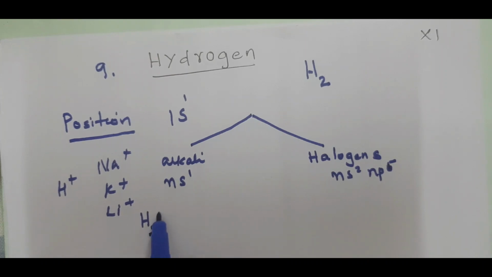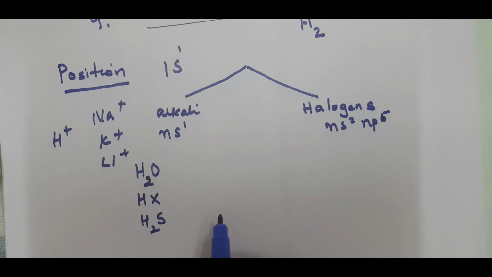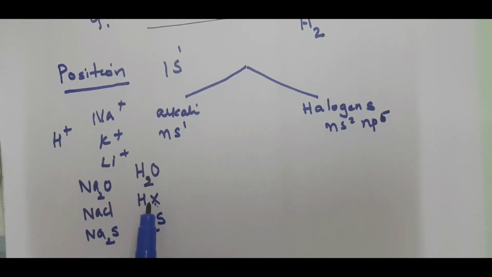That means oxide is H2O, halide is HX, and sulfide is H2S. Like Na2O, that is alkali metal oxide, then NaCl, that is NaX, resembling HX, and Na2S, that is sulfide, resembling H2S. So these two resemblances are with alkali metals for the hydrogen atom. That is why we can argue that hydrogen can be put in the first group.